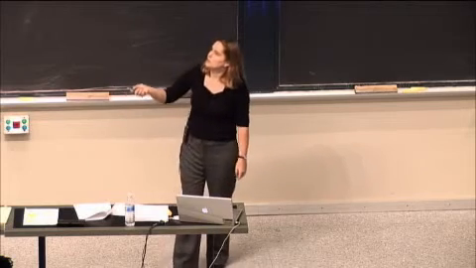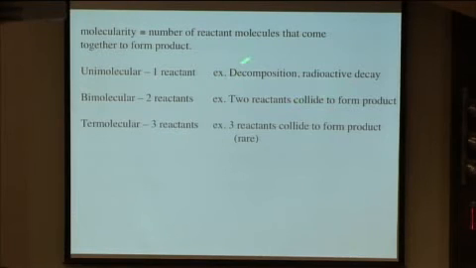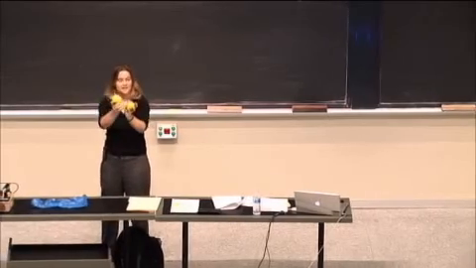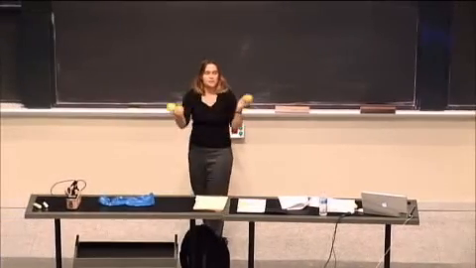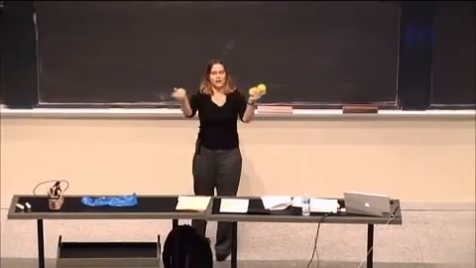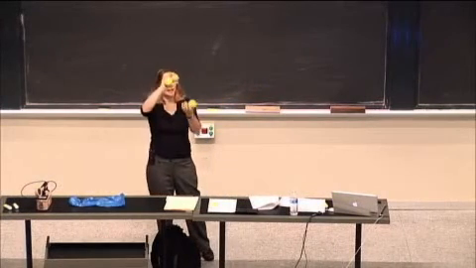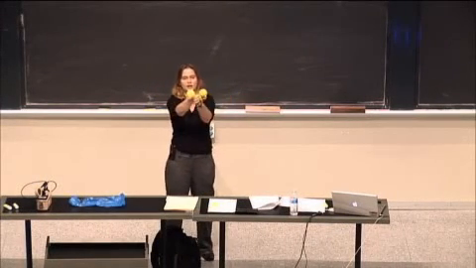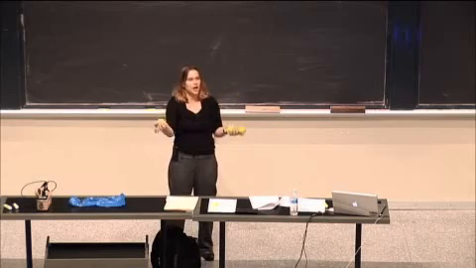So we have unimolecular. Examples would be some kind of decomposition or radioactive decay. Bimolecular, two reactants coming together to form products. And termolecular is three reactants coming together to form a product. And that's rare. And you can remember that it's rare if you think about how you would hold 3 tennis balls in your hand and have them all come together at the same time to form product.